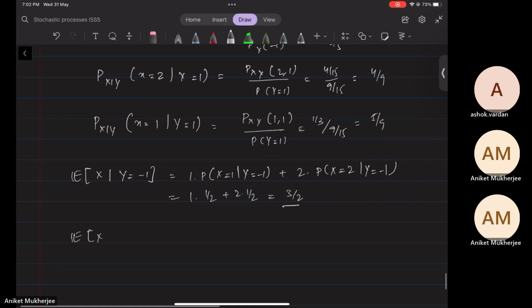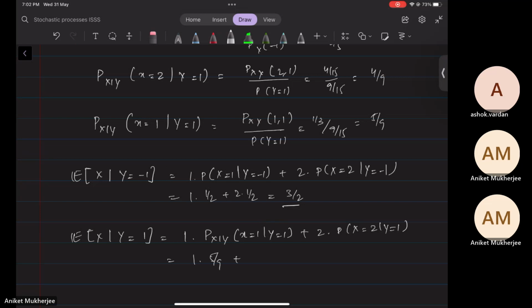Now expectation of x given y equal to 1 is 1 into probability of x equal to 1 given y equal to 1 plus 2 into probability of x equal to 2 given y equal to 1. And this is 1 into 5 by 9 plus 2 into 4 by 9, which is equal to 13 by 9. Again, this is a number.